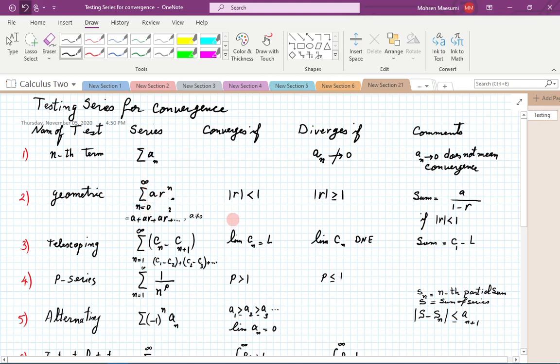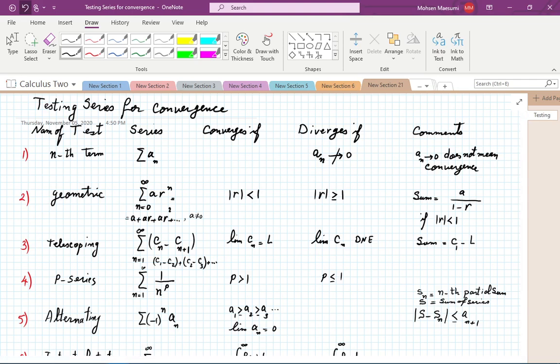We had a very simple criterion: if the r, the multiplier, is less than 1 in absolute value, it converges. If it's greater than or equal to 1, then it's going to diverge. And we have a simple formula in case it does converge, simply a, the first term, divided by 1 minus the multiplier. That was the source of many other approaches that we took later on.